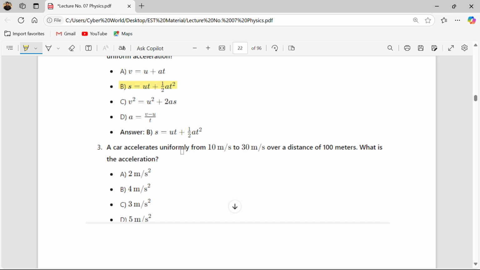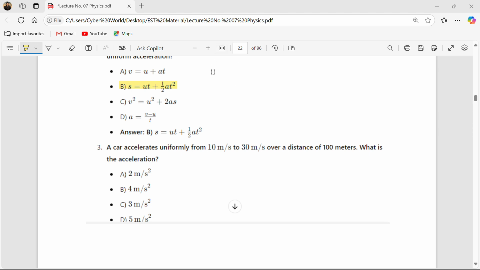A car accelerates uniformly from 10 meters per second to 30 meters per second. This is our initial velocity, and the final velocity is this, over a distance of 100 meters. What is the acceleration? How can you find the acceleration? You have to use the third equation of motion.